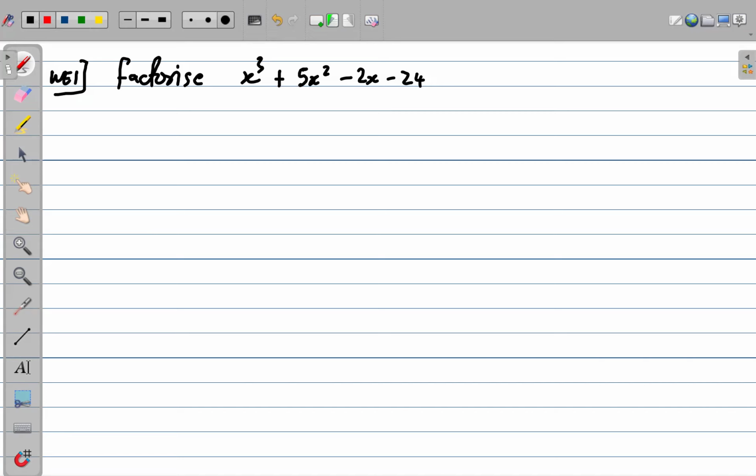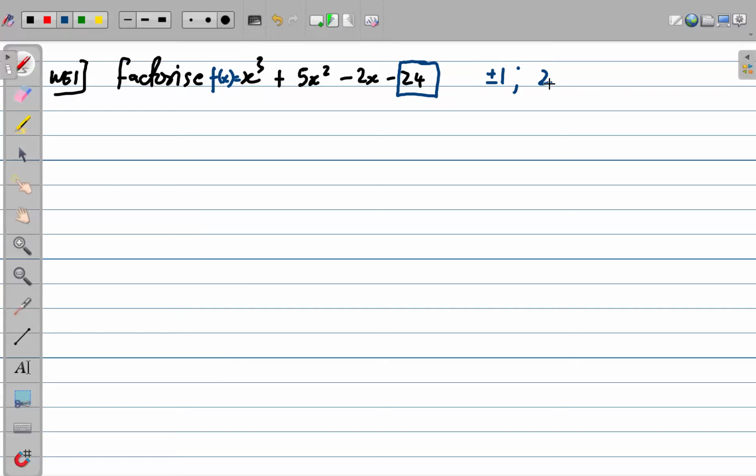You're going to look for factors of 24, and you're going to substitute them into this polynomial. Let's call this polynomial f of x. If 1 is a factor of 24, please take note, you will test positive 1 and negative 1.